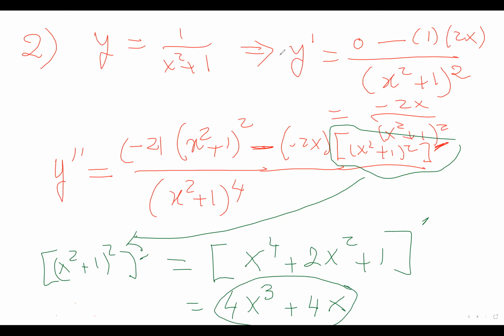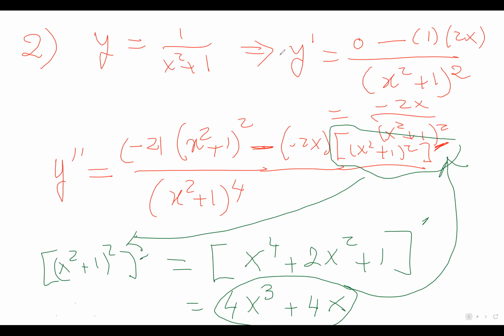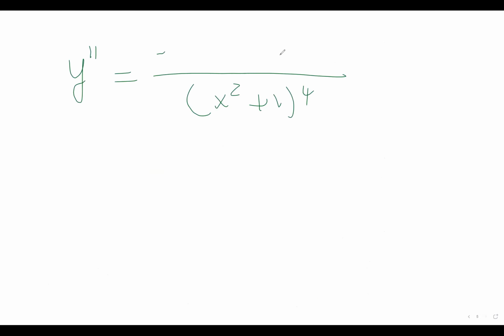This quantity, I will plug it here again in this place, and I will get my y second. Okay, so y second will be equal to (x squared plus 1) power 4, and in the numerator, so minus 2 (x squared plus 1) squared. Okay, and I will expand this square. So it is equal to minus 2 (x^4 plus 2x squared plus 1).